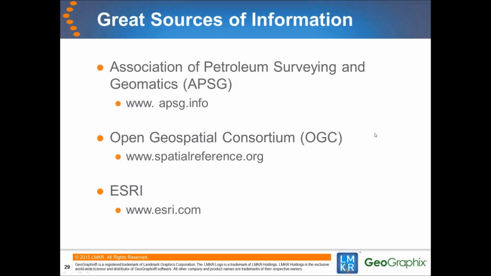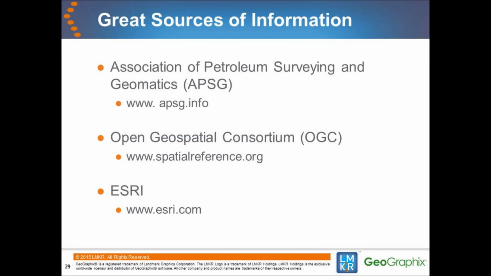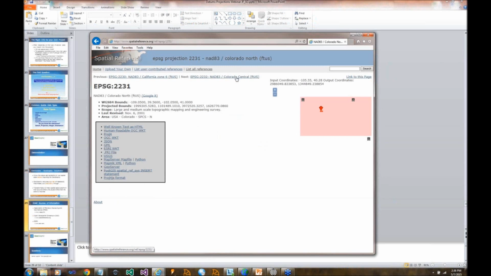Now, there are some great sources of information out there. Let me go to a few. One that I already showed you was www.spatialreference.org. If you are a GIS professional anywhere, not just in the petroleum industry, I highly encourage you to take a look at this site because it makes life a lot easier.